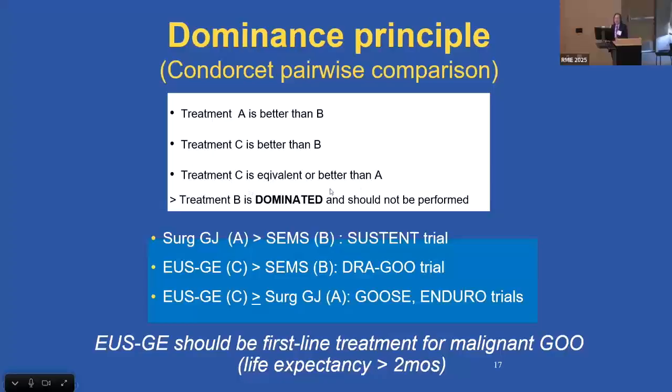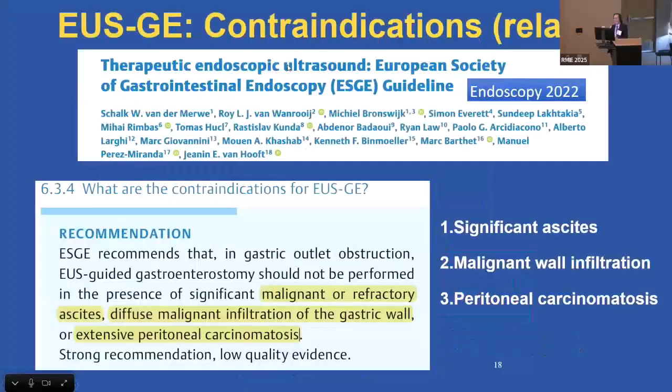Treatment C is equivalent or better than A. This is what we saw now at the DDW, the so-called GOOSE and the Enduro trials. So then the conclusion should be EUS-GE should be first-line treatment. Treatment B, that is the duodenal stenting, is dominated and should not be performed. So that's if we follow this pairwise comparison reasoning.